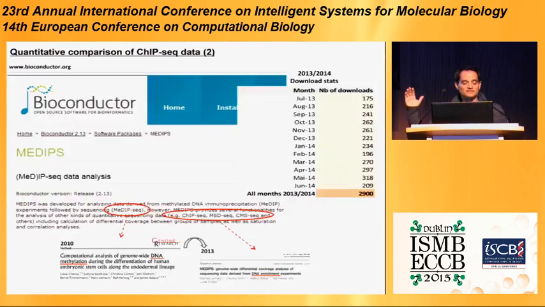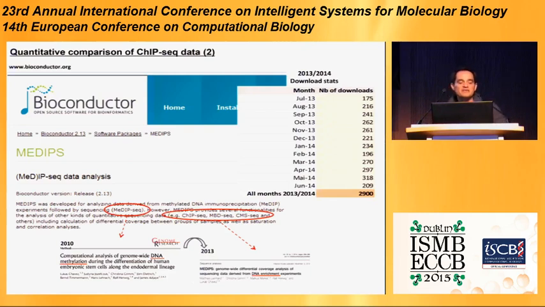I have implemented this workflow into a Bioconductor package that I have called MEDIPS. The name might be a little bit confusing. This is because I have initially developed this package specifically for assays sensitive for methylated DNA, so MEDIPS-seq experiments, and these assays have some known bias towards CpG density.